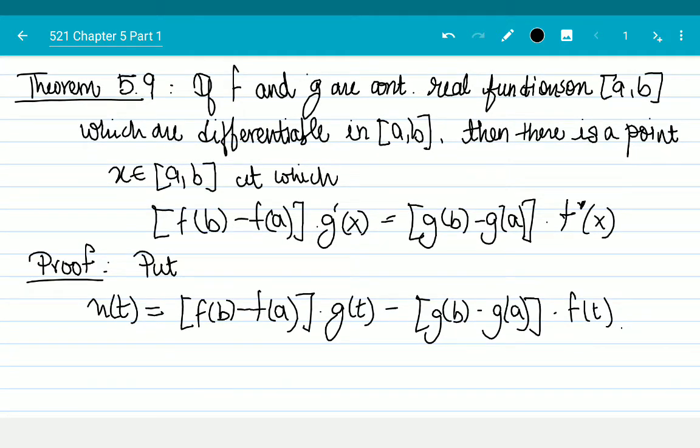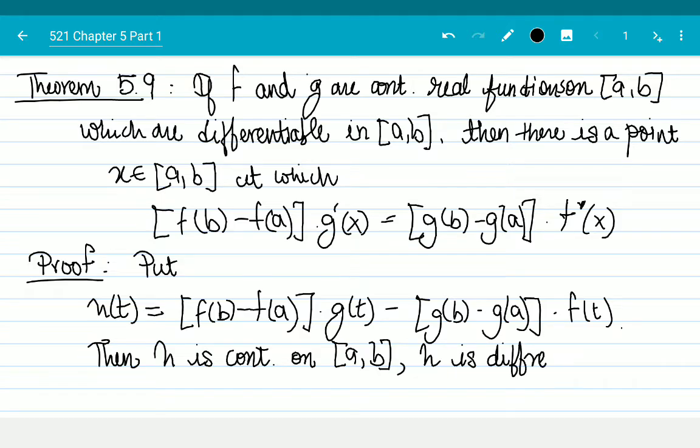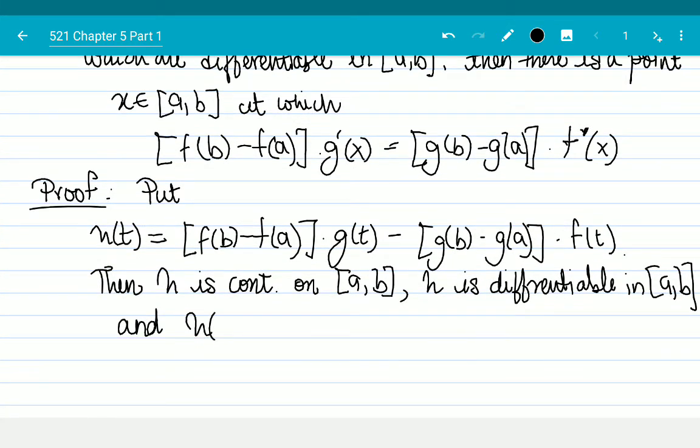Well, f of b minus f of a is a constant, g of b minus g of a is a constant, so h is continuous on [a,b], h is differentiable in (a,b), and h of a is equal to f of b g of a minus g of b f of a. Well, this is also equal to h of b.